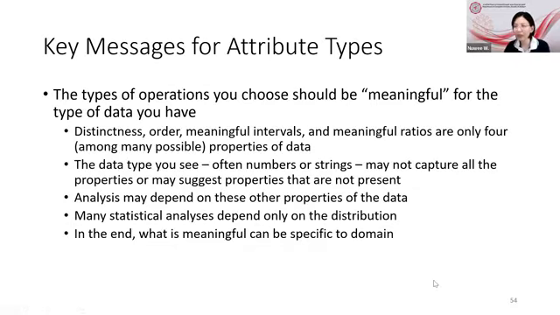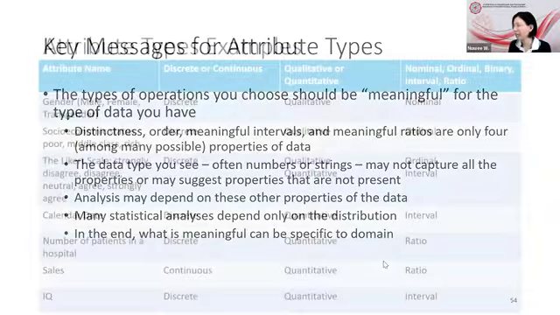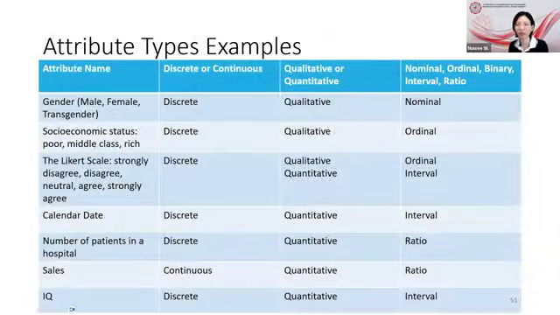Okay, so let's see some examples of attributes. Gender, like male, female, transgender: this is discrete, qualitative and nominal. Socioeconomic status like rich, poor: you can order, therefore it's ordinal and qualitative. You can represent it using a discrete number.